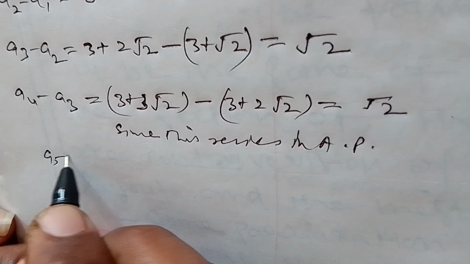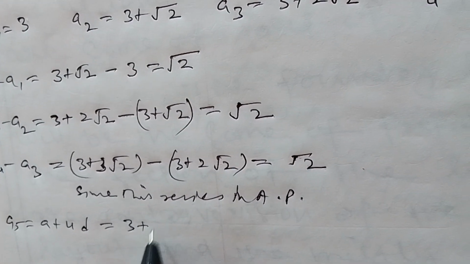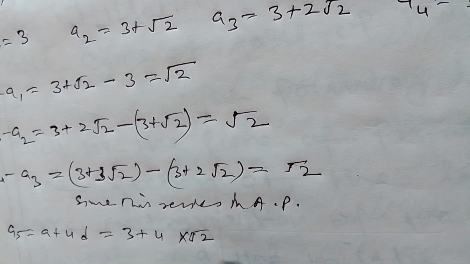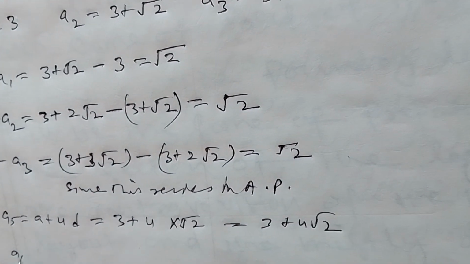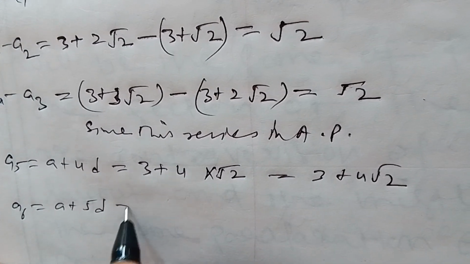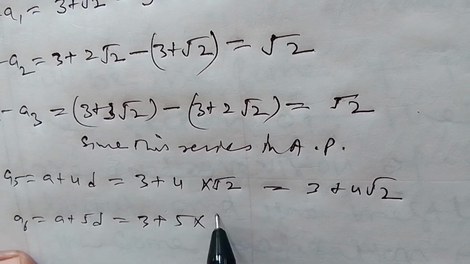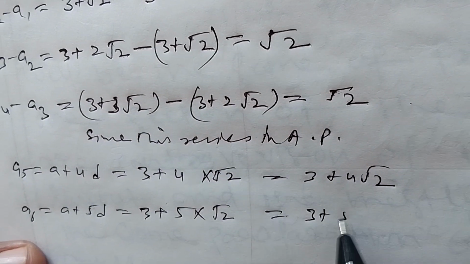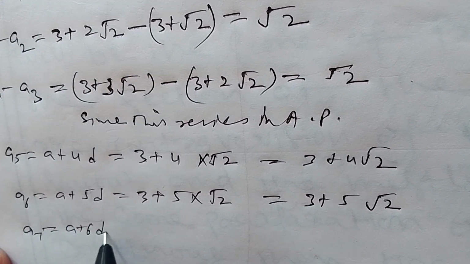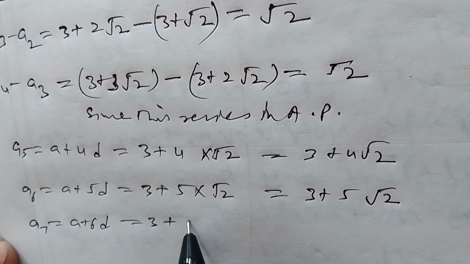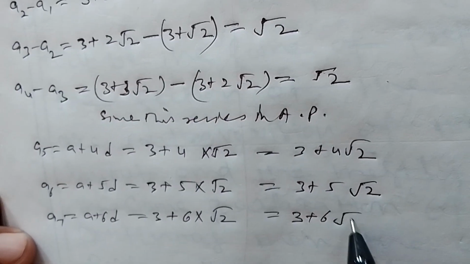so we will calculate the next three terms of this AP. A5 comes out to be A plus 4d. We know that A is 3, plus 4 multiplied by under root 2, it comes out to be 3 plus 4 under root 2. Then A6, A plus 5d. D is the common difference, A is the first term, 3 plus 5 multiplied by under root 2, it comes out to 3 plus 5 under root 2. Similarly A7, A plus 6d, that is 3 plus 6 multiplied by under root 2, that is 3 plus 6 under root 2.